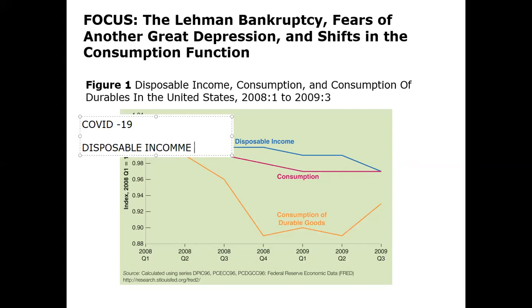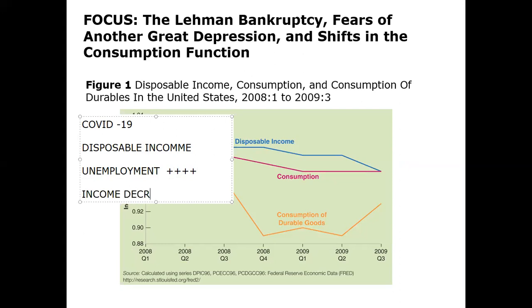Unfortunately, according to COVID-19, unemployment increases. A lot of people lost their jobs. And when unemployment increases, income decreases. This means that the disposable income decreases, and this will reflect on what? Consumption decreases.